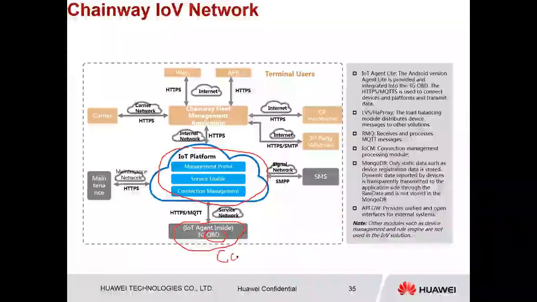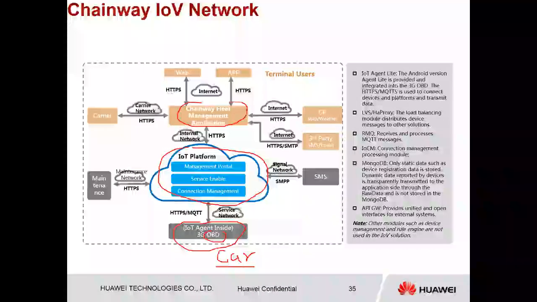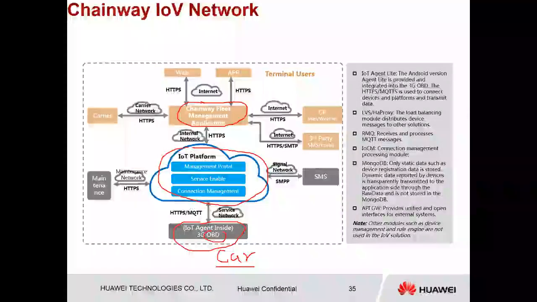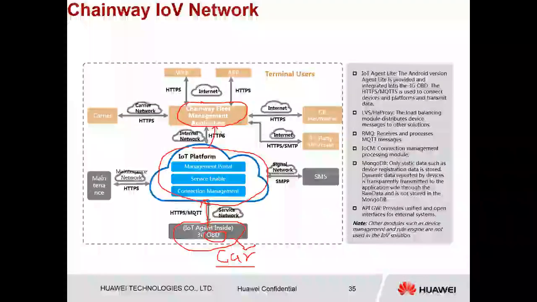On the car, it can help us collect all the information for the car, and then our platform connects to the chain-way fleet management application. The OBD will collect the car information and send it to our IoT platform, and our platform will send it to the fleet management system.